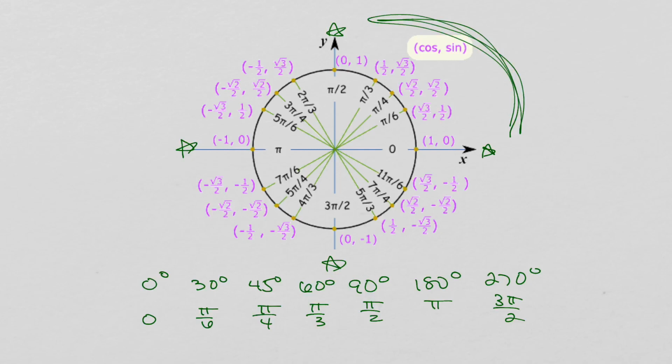All right. So here's a little chart I would make if I were you all. Have maybe a degree measure over here of 0, 30 degrees, 45 degrees, 60 degrees, 90, 180, and 270.